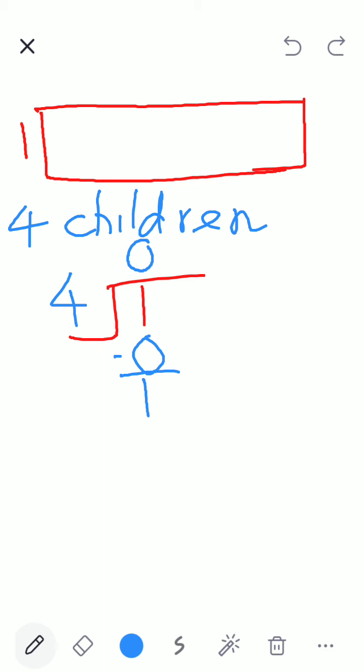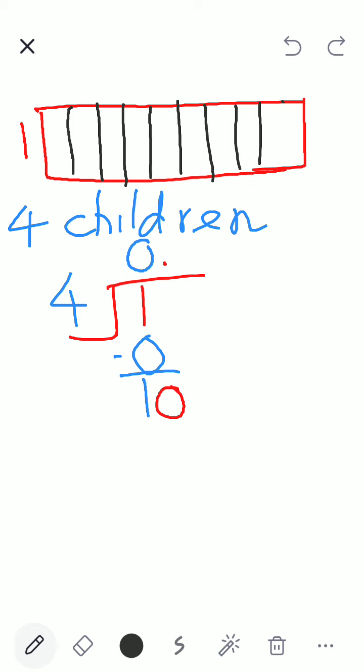Now, the moment I put the point, it means I have to start cutting the chocolate. So please get me the knife. I will cut it into 10 equal pieces. I am cutting it, making it 1, 2, 3, 4, 5, 6, 7, 8, 9, 10.